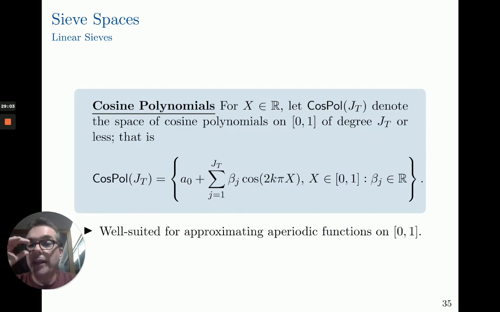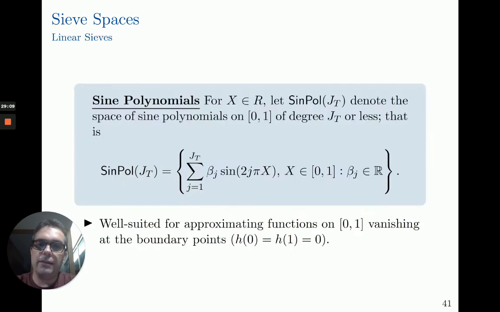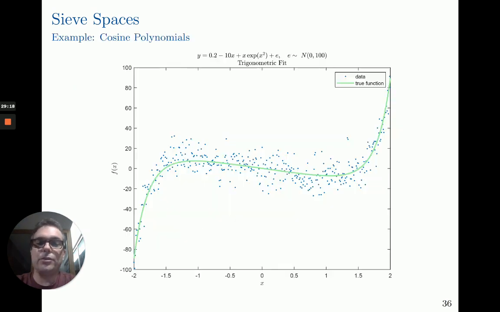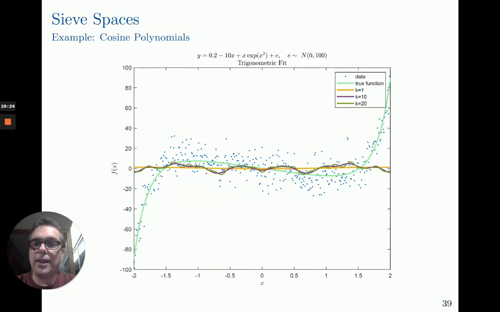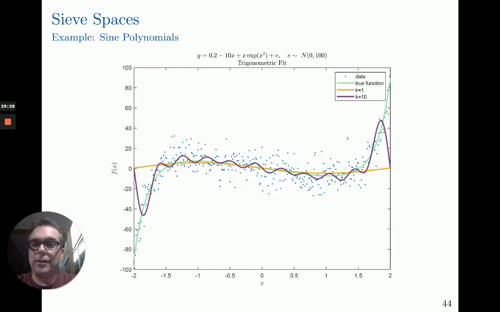Of course, we have special cases like the cosine polynomials or the sine polynomials. So here's the fit for using the cosine. So the cosine is not really good for this specific case. Okay? And why is that? Because it's well suited for periodic functions, but in this case, the cosine was not good. On the other hand, the sine function was much better.